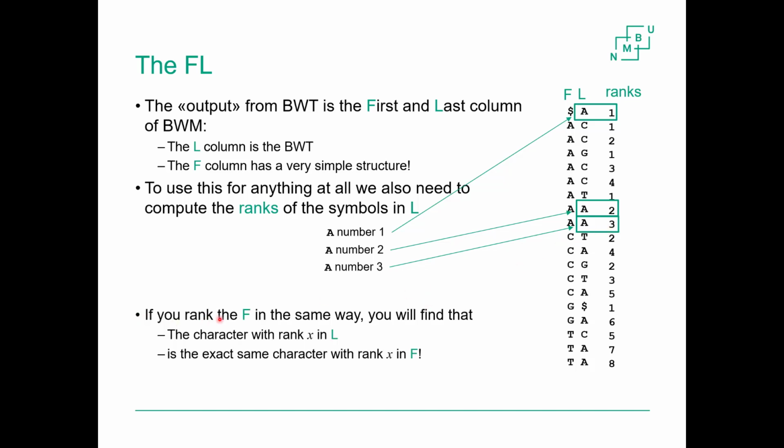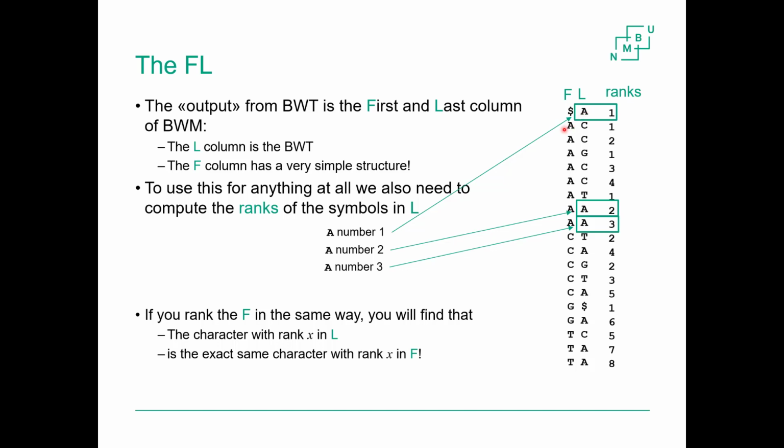If you now look at the rank in the F column in the same way, you will find mysteriously almost, but not so mysteriously at all if you start thinking about it, the character with rank X in L is exactly the same character with rank X in F. So it means that this particular A that has rank 1 here is exactly the same A that has rank 1 here.